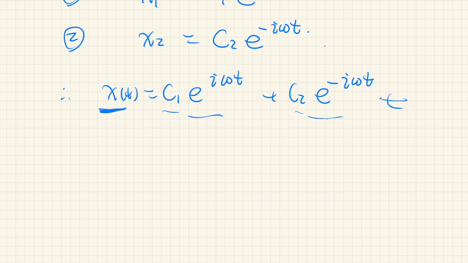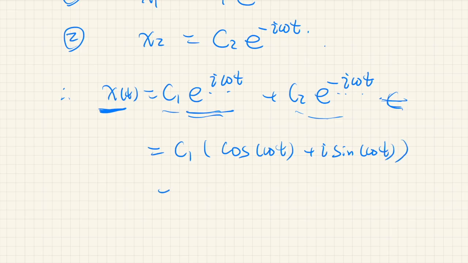But actually, this can be made real. If we use Euler's formula, this complex exponential of i something can be expressed in terms of sines and cosines, right? So let's see, c1 times cosine omega t plus i sine omega t, and c2 times cosine omega t minus i sine omega t.